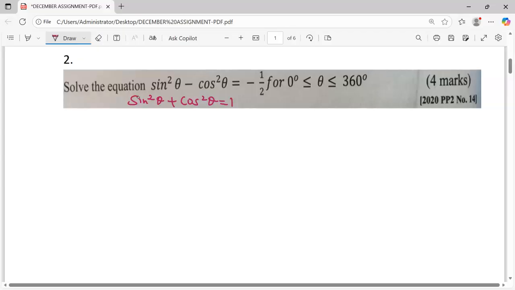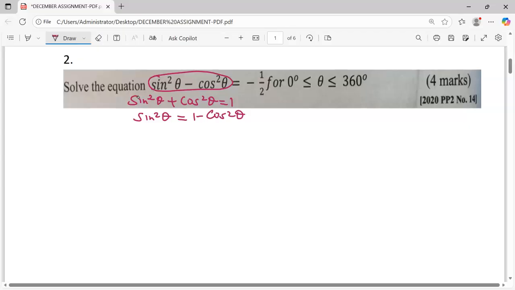In this case, we can make sine squared theta the subject by moving cos squared theta to the other side, such that sine squared theta is equivalent to 1 minus cos squared theta. Now we can bring down the main equation, but anytime you see sine squared theta, you place 1 minus cos squared theta.